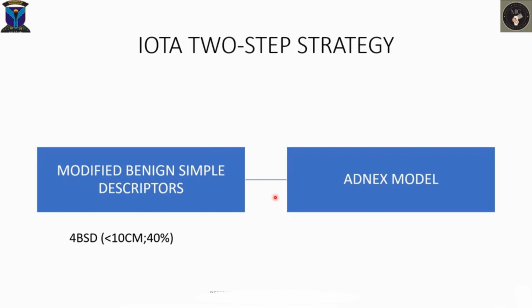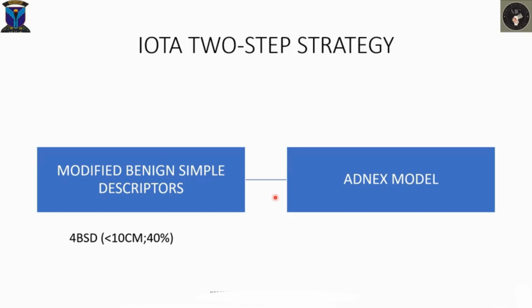A three-step strategy has been described and externally validated, where you start with the benign and malignant simple descriptors. If they don't apply, you move to the simple rules. If they don't apply, then you use an expert to subjectively assess the lesion.